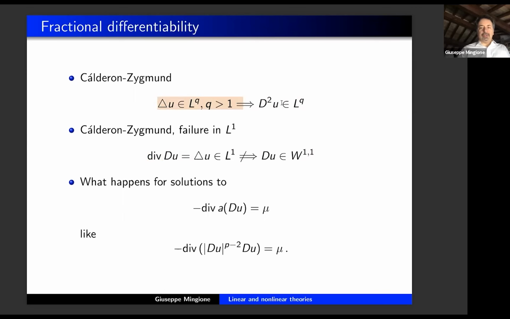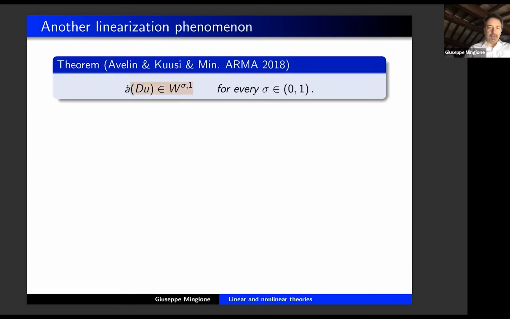Okay, now we would like to know what happens in the measure data case already for nonlinear equations in the non-degenerate case and also in the degenerate case, keeping in mind that the gradient cannot be in W^{1,1} by counterexamples. So in a certain sense, the singular integral analog of the previous theorems is the following one. We were able to prove once again that what you have under the symbol of divergence belongs to W^{sigma,1} for any sigma before 1, before the forbidden one, which is 1.